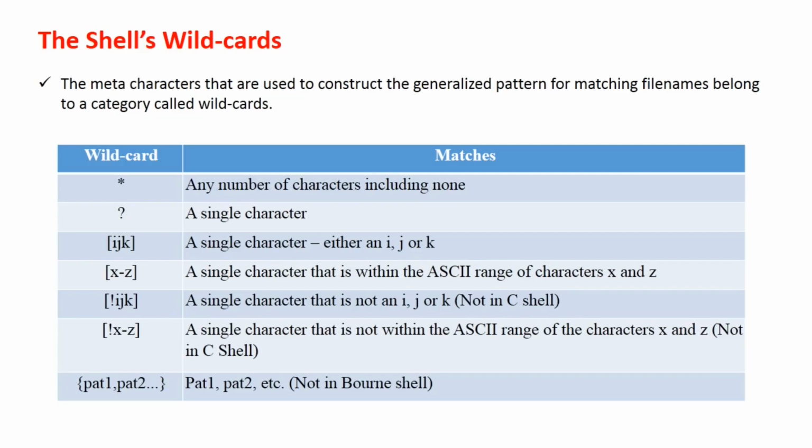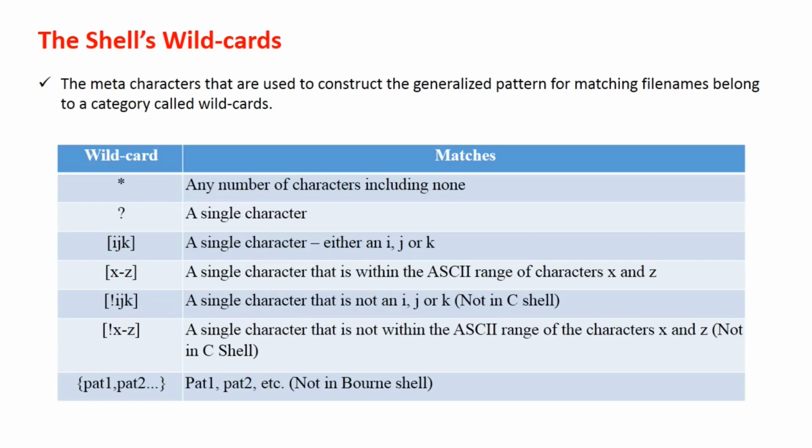Next one, not x to z, a single character that is not within the ASCII range of characters x and z. If you use this wildcard along with the command, it doesn't match these characters, that is not x, not y and not z.